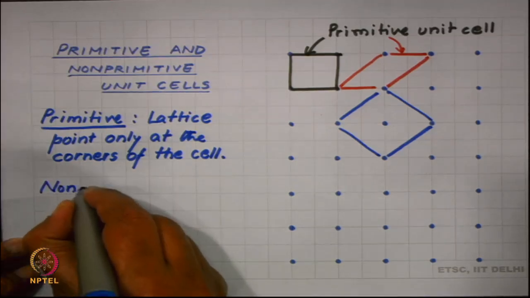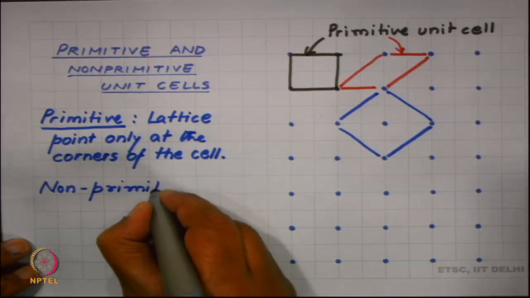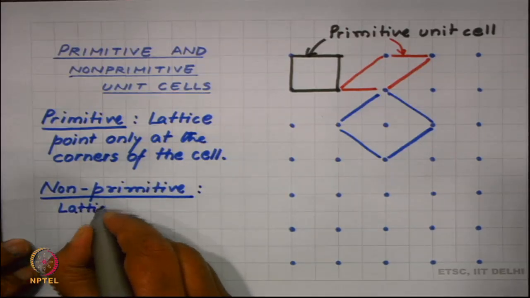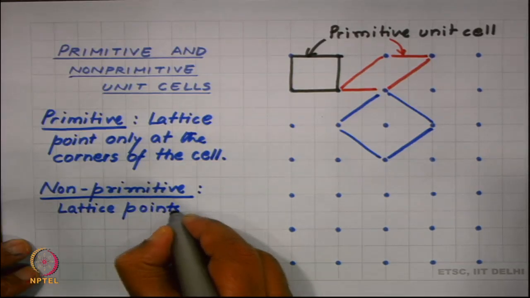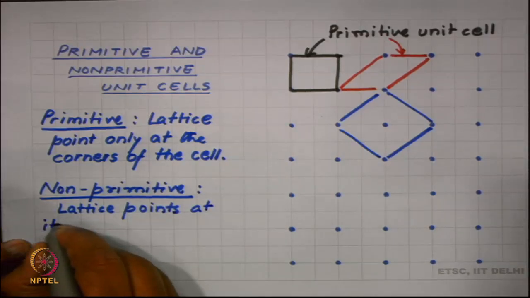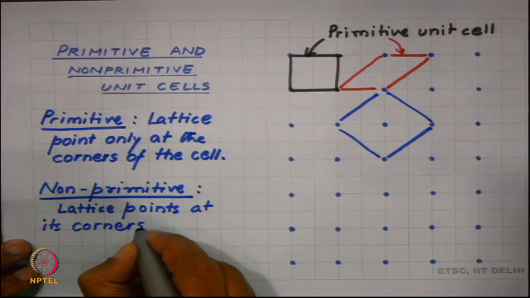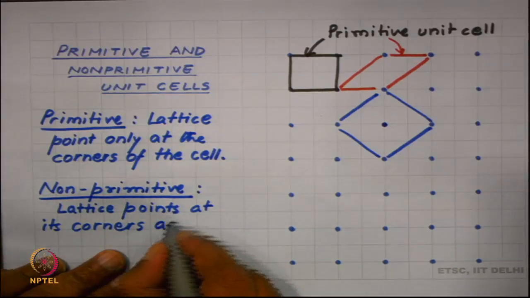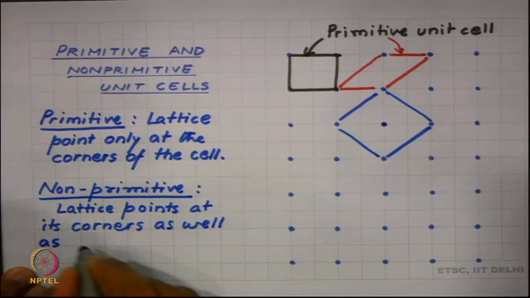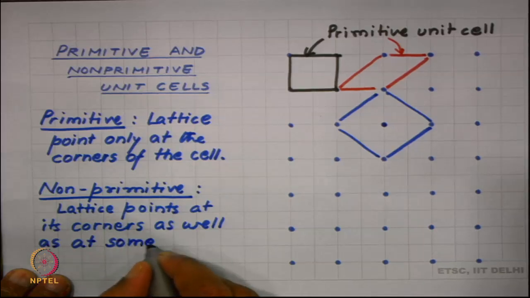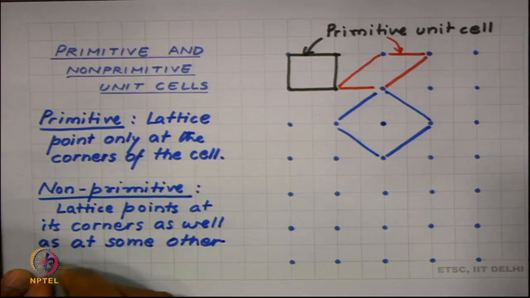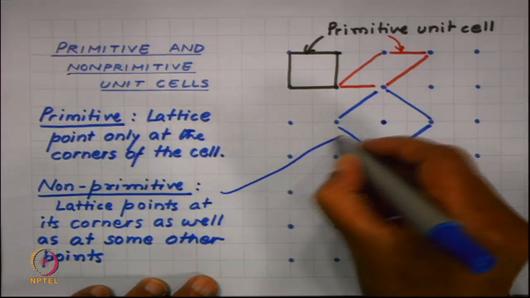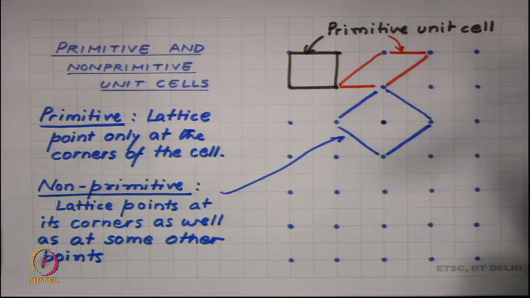So, the non-primitive unit cell will also have lattice points at its corners, but it will have some lattice points other than the corner points, at some other points as well.